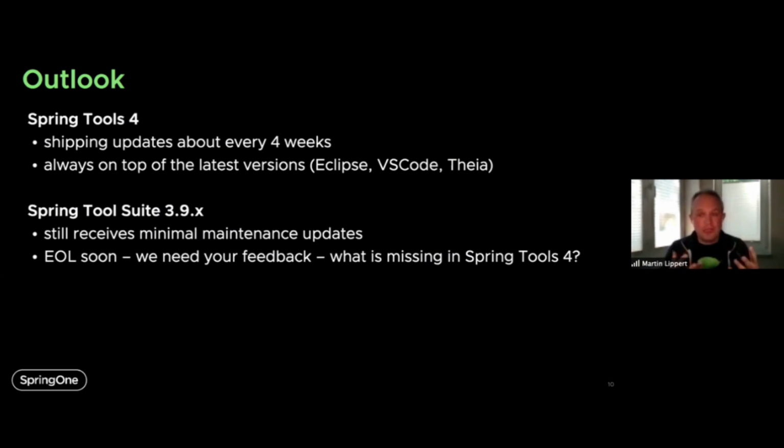So if you are still a user of Spring Tools 3 and rely on specific features, please let us know. If those features are super important for you, we can think about transferring them into the Spring Tools 4 world, but those old Spring Tools 3 will go away very soon. Without having an exact date in mind, it will be soon. So please give us feedback on that.